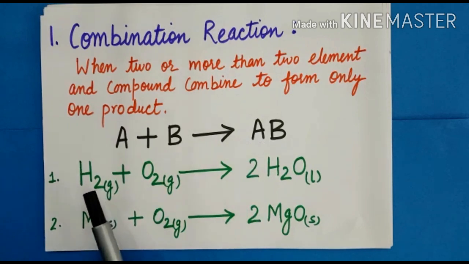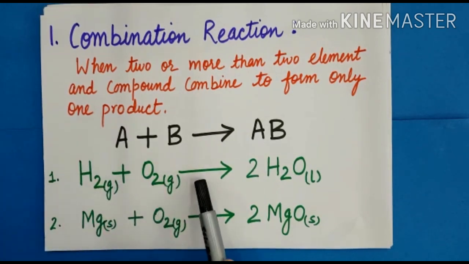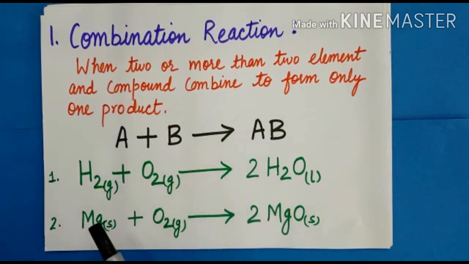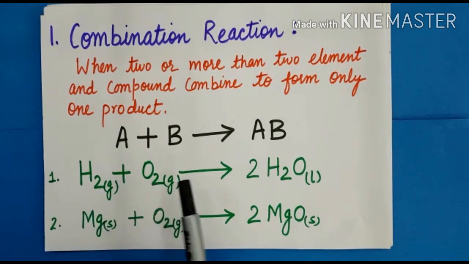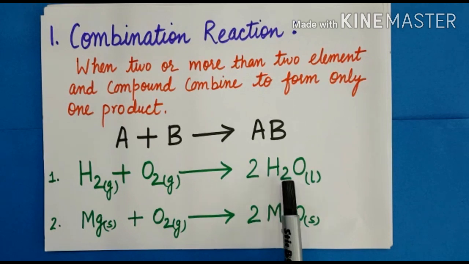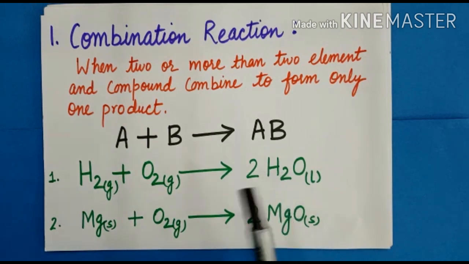Another example, hydrogen and oxygen give water molecule. Magnesium and oxygen give magnesium oxide. As you can see, the reactants can be 2 or more than 2, H2 and O2 combine together to form one single product, that is water molecule.